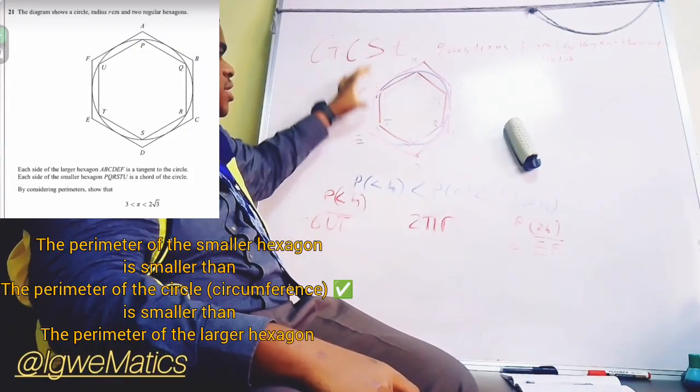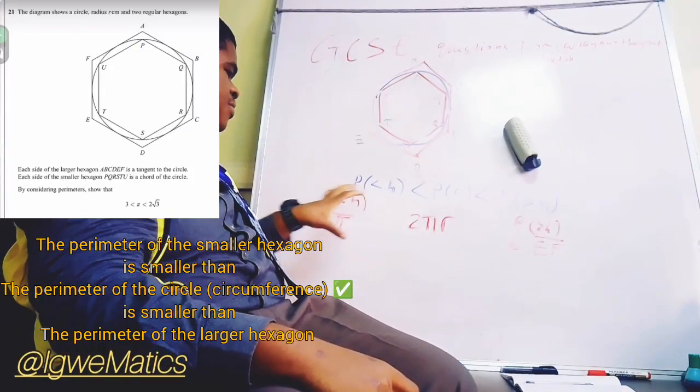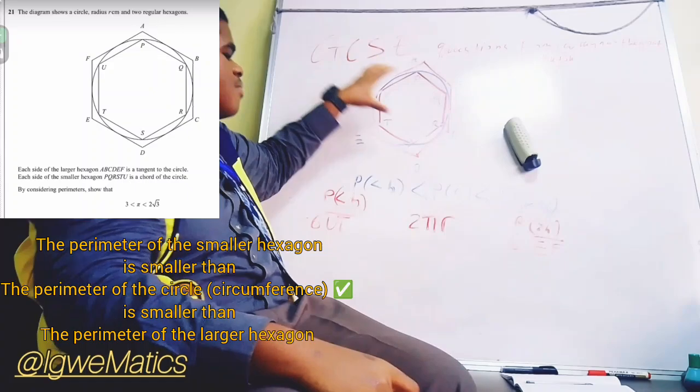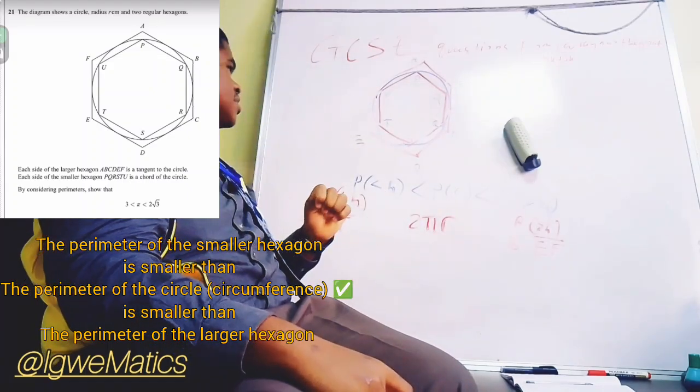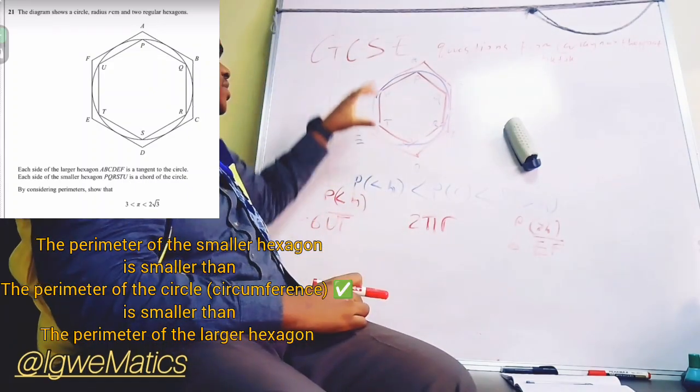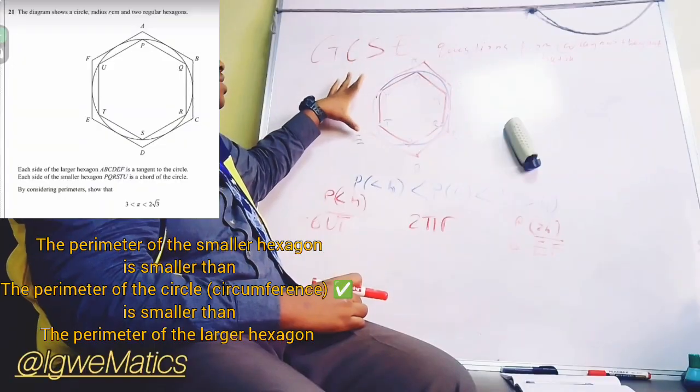So 6 times UT will give you the perimeter of the smaller hexagon, and 6 times EF will give you the perimeter of the larger hexagon. So now all we need to find is the distance UT and the distance EF.